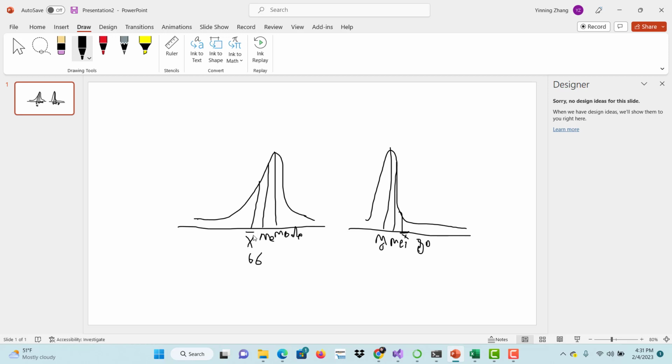And if this picture is skewed left, that means most students' scores are above the mean, and only a few students are under the mean value. So this is actually quite healthy.